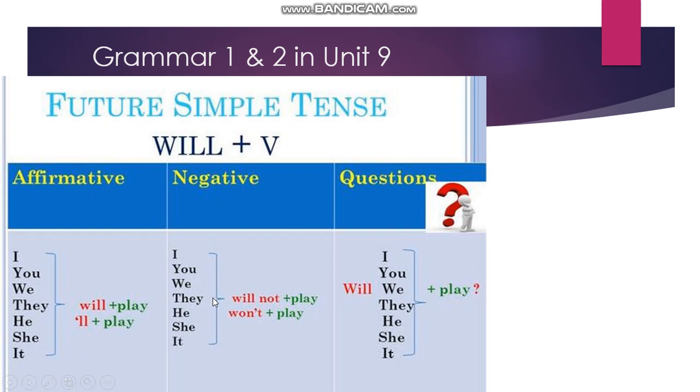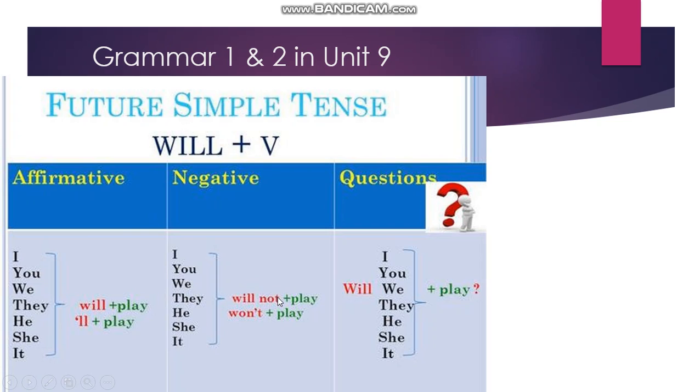So, the negative, we write will plus not after will. I will not. Or you say I won't. With the short form, you will not or you won't.